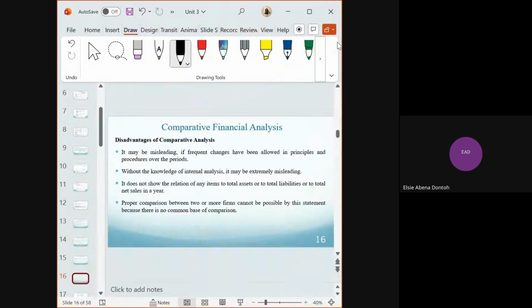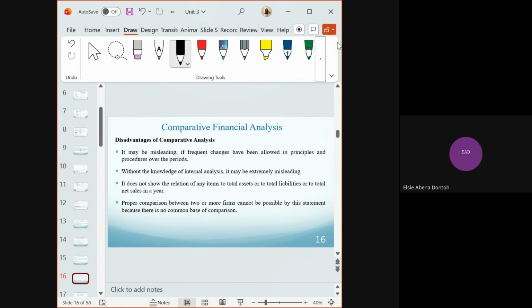Also, without the knowledge of internal analysis, it may be extremely misleading. It does not show the relation of any item to assets or to liabilities or to total net sales in a year. Also, proper comparison between two or more firms cannot be possible by this statement because there is no common base of comparison.